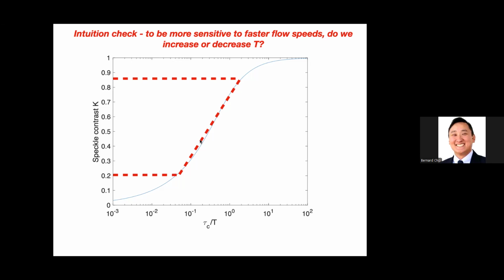The correlation time would be shorter because we have faster flow speeds, so we want to decrease the exposure time to work in this range. Intuitively, if something's moving really fast, you want a short shutter to be able to see it properly. It's a similar concept. And then if we increase the exposure time by a lot, what would happen to the contrast?